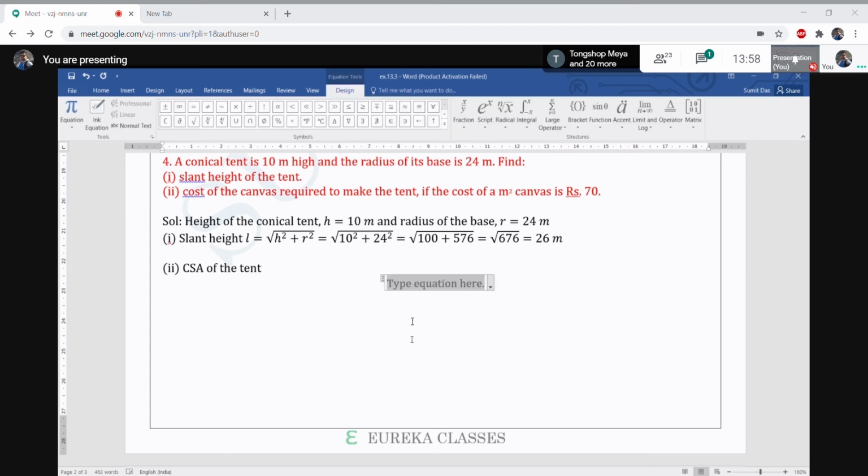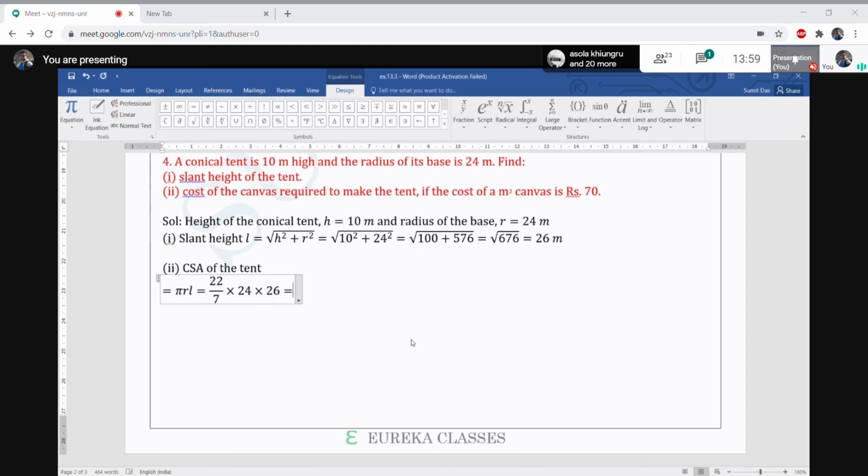Formula is pi r l, sorry, and put the values. R value how much? 24, and L value we got 26, right?